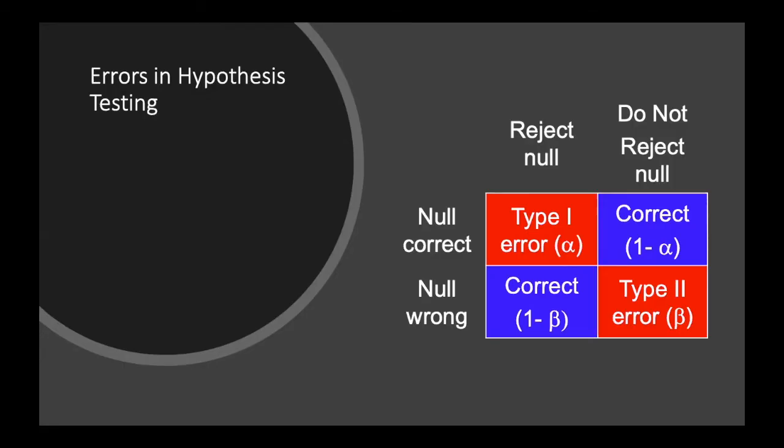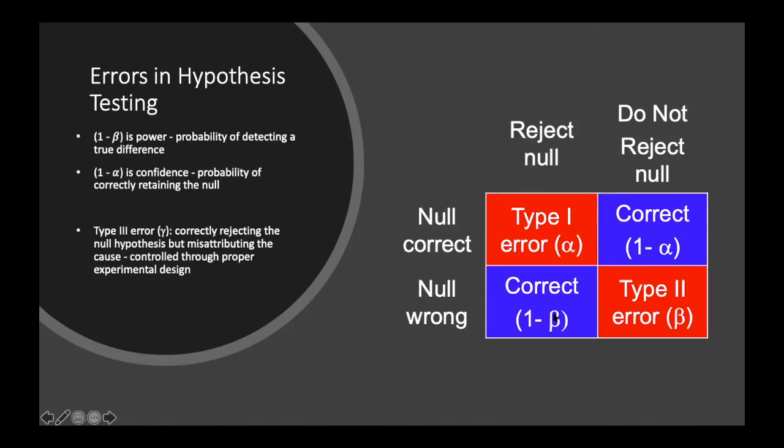Now, I mentioned that in addition to the two ways in which we might make a mistake in our hypothesis testing, there are also two ways in which we might be correct. And since probabilities must always sum to 1, then if our null hypothesis is correct, we can either reject the null with probability alpha or fail to reject the null with probability 1 minus alpha, because these two probabilities need to sum to 1.